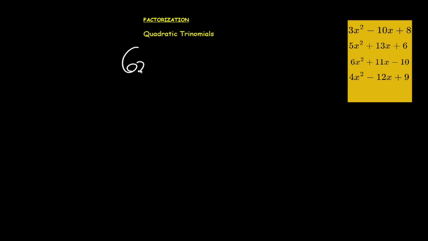The next one, we have 6x squared plus 11x minus 10. Now we multiply the 6 and then the negative 10. You're gonna get negative 60. So what two numbers do you think, after you've multiplied them, you are going to get negative 60, but after adding them you're gonna get positive 11?